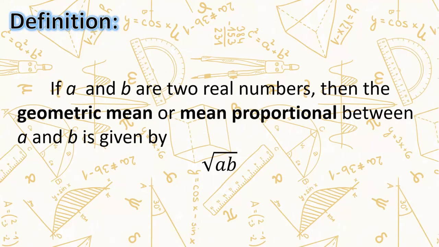If a and b are two real numbers, then the geometric mean or mean proportional between A and B is given by the square root of A times B.